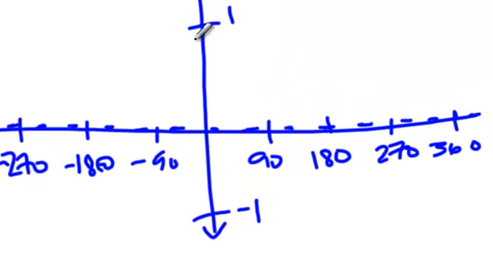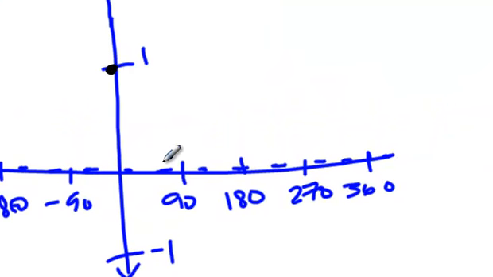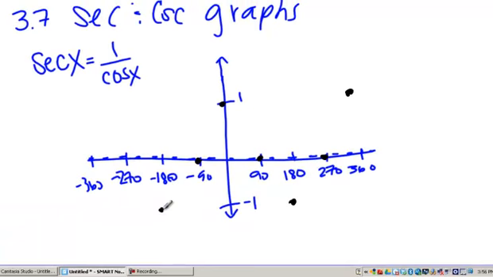Remember it starts high, then it goes to the sinusoidal graph, then low. Okay, so we just graphed the parent function of cosine.